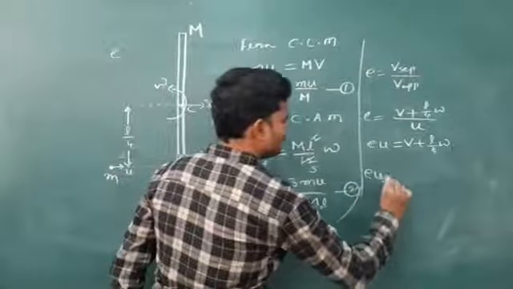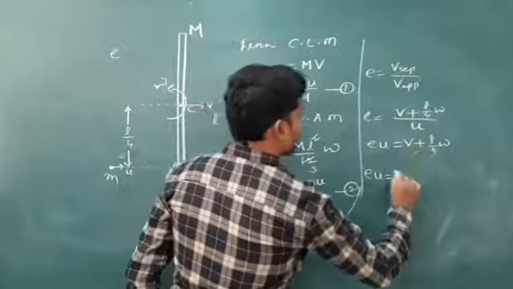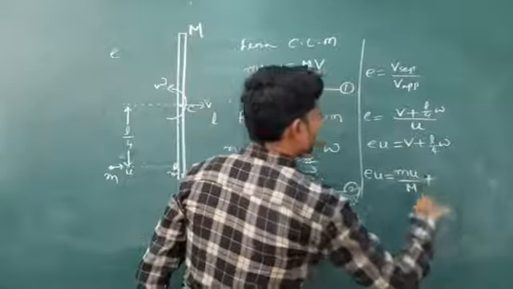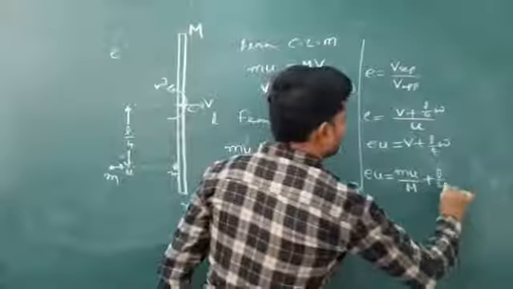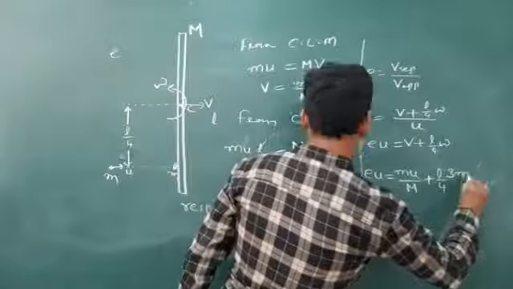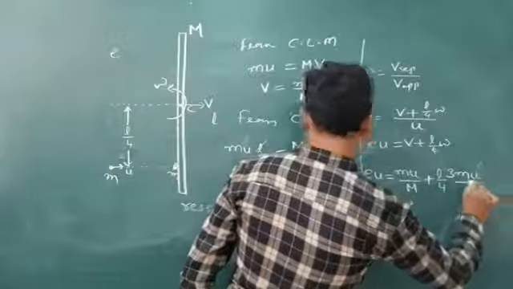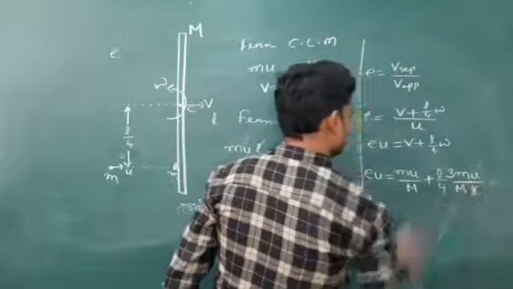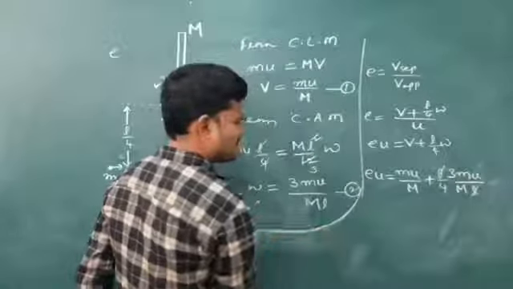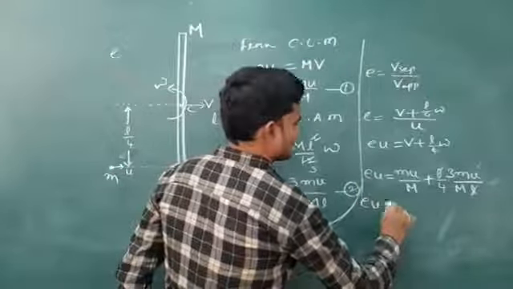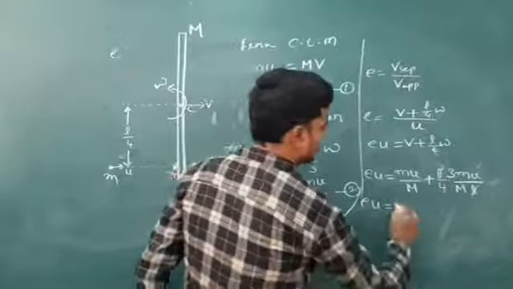So e times u, v is small m u by capital M, plus L by 4 omega, where omega is 3 small m small u by capital M L. Small l gets cancelled out. e u is equivalent to m u, you can take it out.